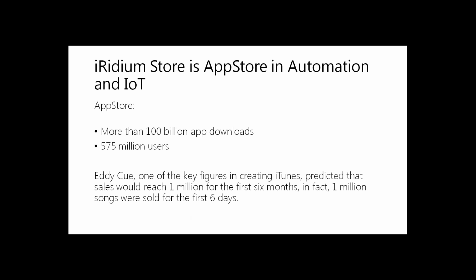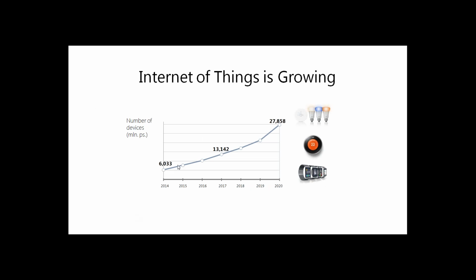But we see there is a trend, and we all know this trend: the Internet of Things, which is aimed to connect everything together. iRidium Lite and iRidium Pro perfectly suit this trend, this demand of the market, to combine and connect as many things presented on the market as can be connected to IP.